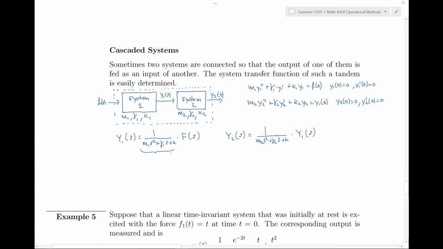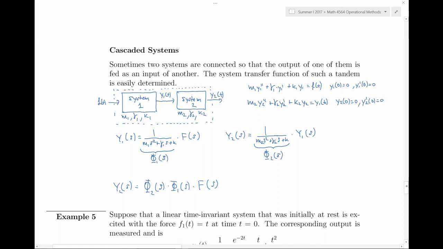And as a result, if we consider this the first system transfer function, and this is the second system transfer function, then the Laplace transform of the output can be written as a successive multiplication of the input signal Laplace transform f of s by the system transfer functions for each one of the components of the cascaded system.